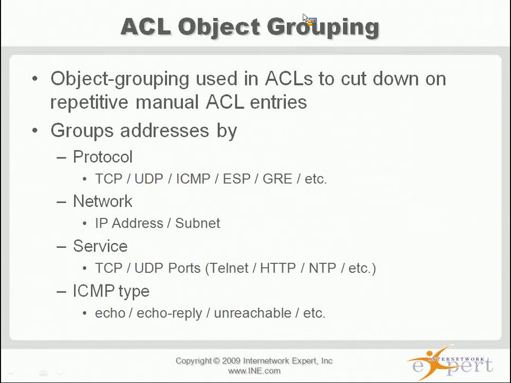The general benefit of object groups is scalability. So if I have some web servers, and for the web servers I want to allow traffic on port 80 for HTTP and traffic on port 443 for HTTPS. In the future, I may have another web server added in. So rather than having to go in and add an access list line entry to allow traffic to that server or from that server, port 80, and allow traffic to that server for port 443, I have my object groups configured.